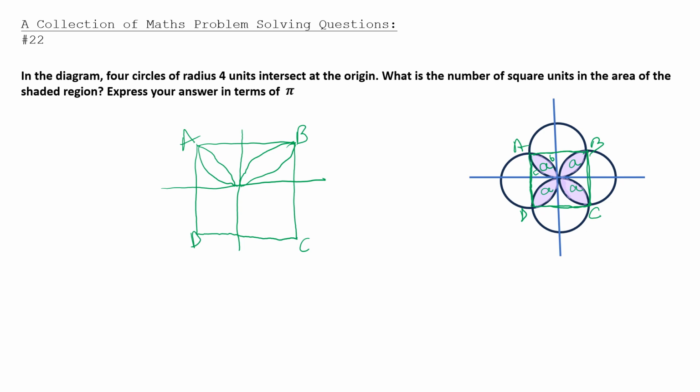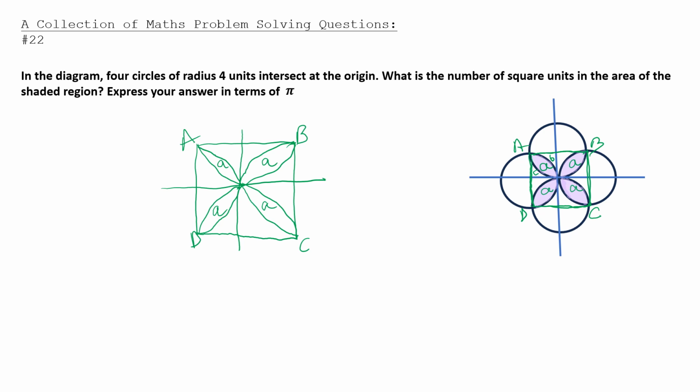My drawing is not perfect. It's actually far away from perfect. But I think it explains the problem. So what we see is, of course, this is the area that we have to find out. This is the A part.